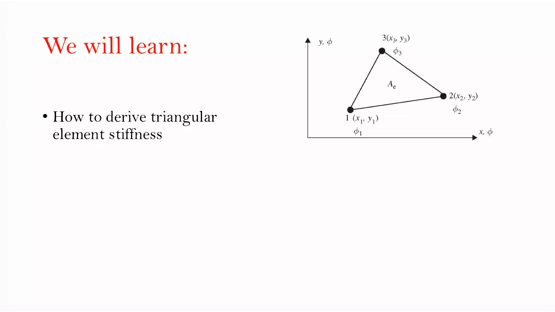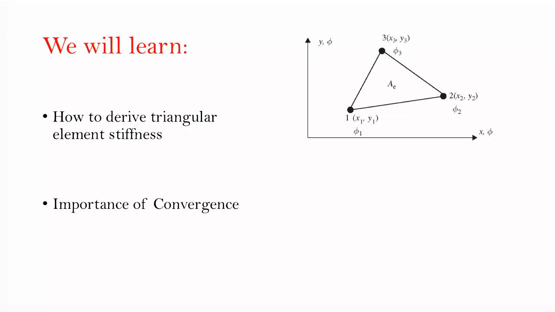Spring element, truss element. So today we want to know what happens if we go to 2D space. We have a triangular 2D element, so what would be the displacement function and how can we get to the element stiffness matrix?